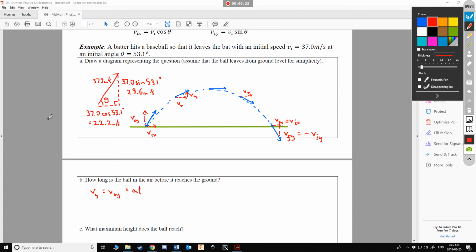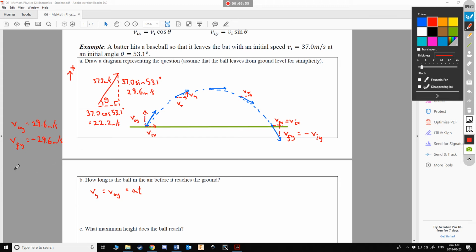Now if we figure our values, initially our velocity, v0y, is that value we found, 29.6 meters per second. I'm defining up as positive. What's my final velocity, v final y? Because of symmetry, this value is going to be negative 29.6 meters per second.